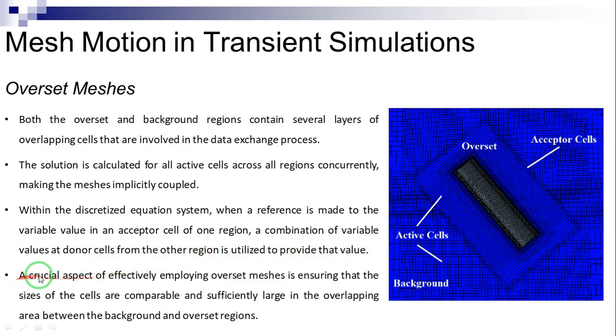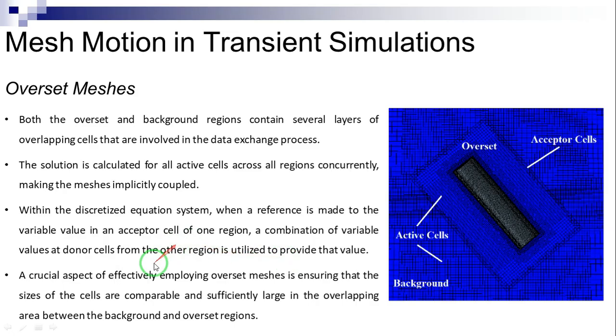This value is directly reflected in the coefficient matrix of the algebraic equation system. The close integration of the overset and background regions enables a solution with a minimal level of iteration errors, and therefore the convergence rate of the iterative solution method is comparable to that of a single mesh with the same resolution.